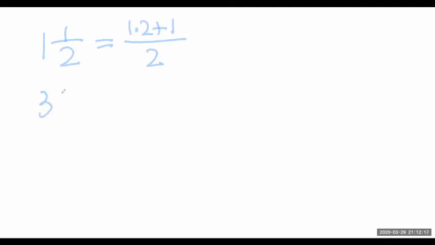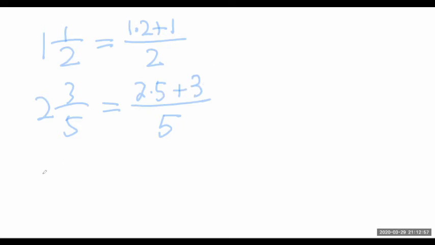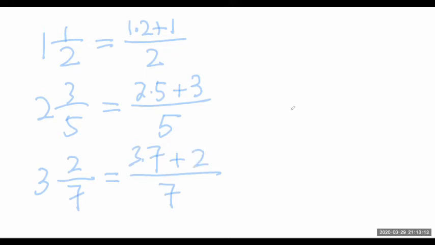Now the next one, 2 3/5: the bottom is 5, and on top we did 2 times 5 plus 3. Then the third one, 3 2/7: the bottom is 7, then we did 3 times 7 plus 2.